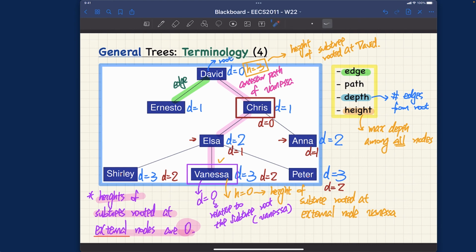And I really meant to write these two together just to show you that whenever you talk about the depth, you should really know which root your calculation is relative to. In this case, for Elsa over here, if you're calculating its depth relative to this particular root, which is in blue, David, it will be 1 and 2. So that's why it's 2 over here. On the other hand, if you want to calculate the depth of Elsa relative to quiz being the root of the subtree, it will be only one edge.